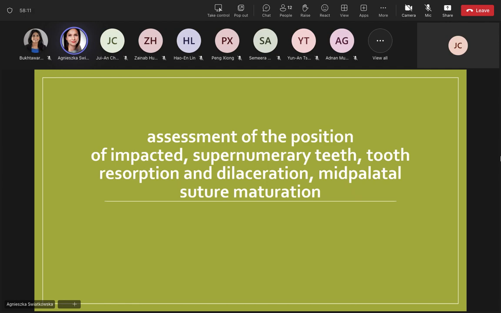We can only use this kind of X-ray, because we couldn't see this resorption on the orthopantomogram or different kind of X-ray. Also, if we want to estimate the mid-palatal suture maturation, and sometimes to find the laceration of the root, especially root of the impacted tooth, to make decision about extraction of this tooth or bringing it into the arch.